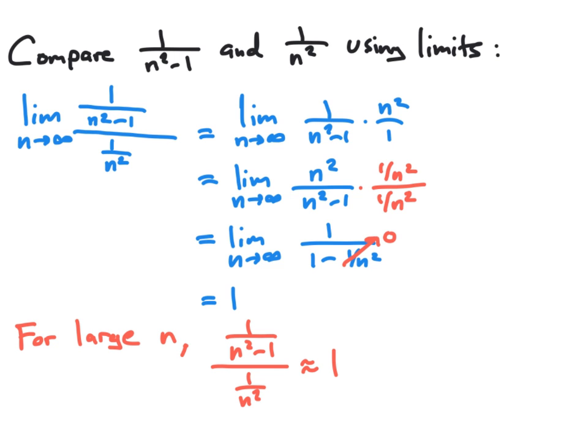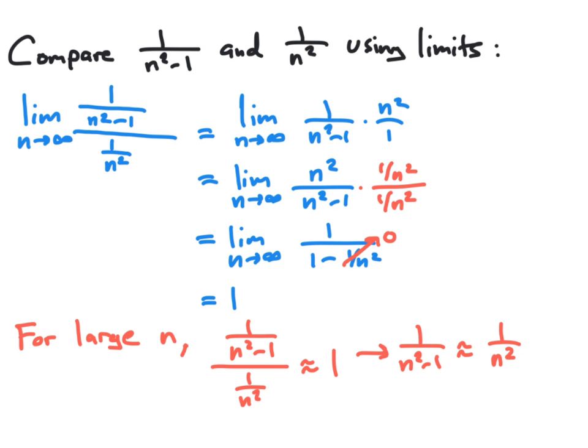The larger n gets, the closer to 1 this becomes. And then this means that 1 over n squared minus 1 is approximately equal to 1 over n squared. Now we already knew this, but what the limit is telling us is that as n gets larger and larger, this approximation gets better and better.